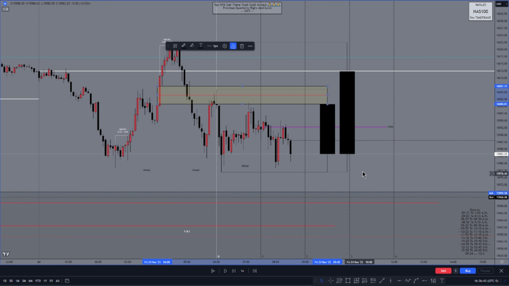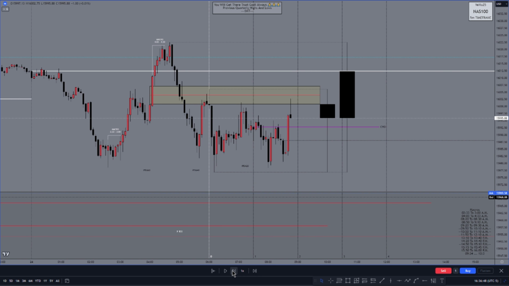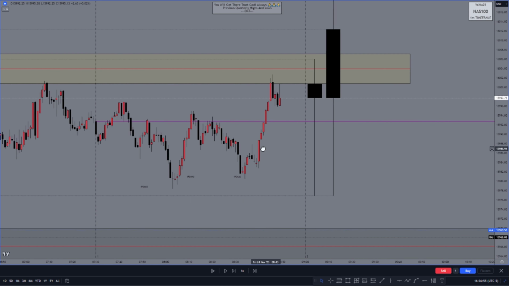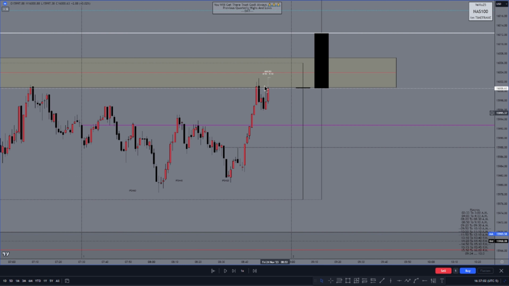Okay, look, now we go to the 1-minute time frame. Look what we have here, a macro, 8:50 to 9:10. So what we were expecting here is to wait and expect a displacement or another PD array right here showing that we will be going down.